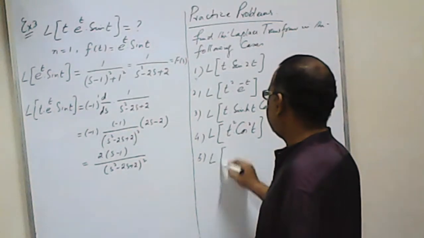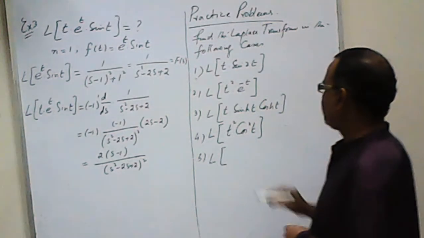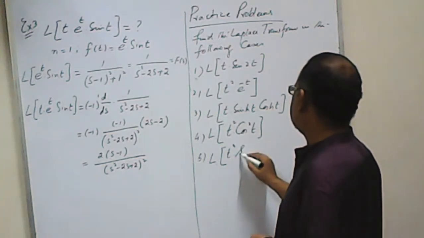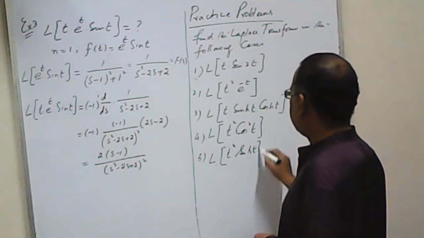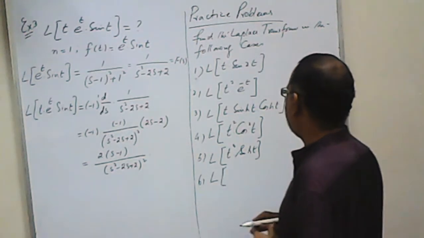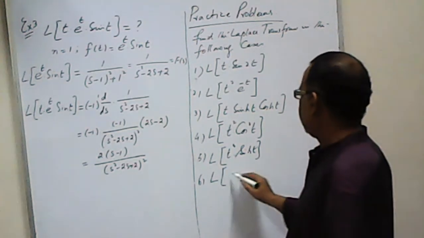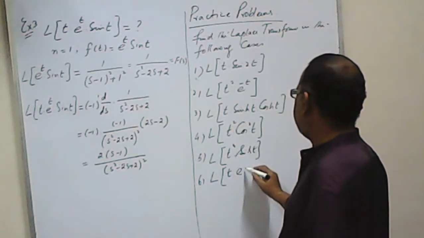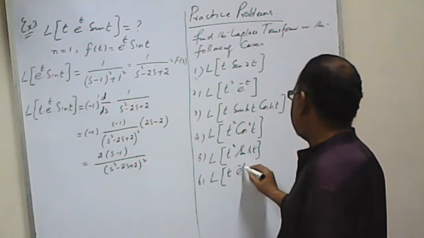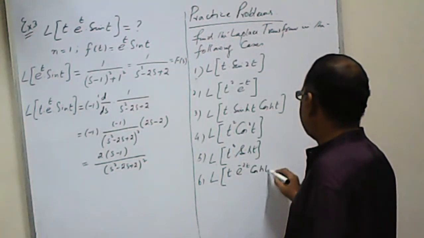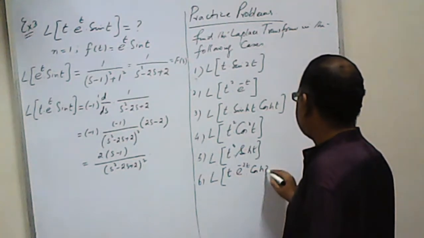Number 5, Laplace of t cube into sine hyperbolic t. Number 6, Laplace of t into e power minus 2t and cos hyperbolic 2t.